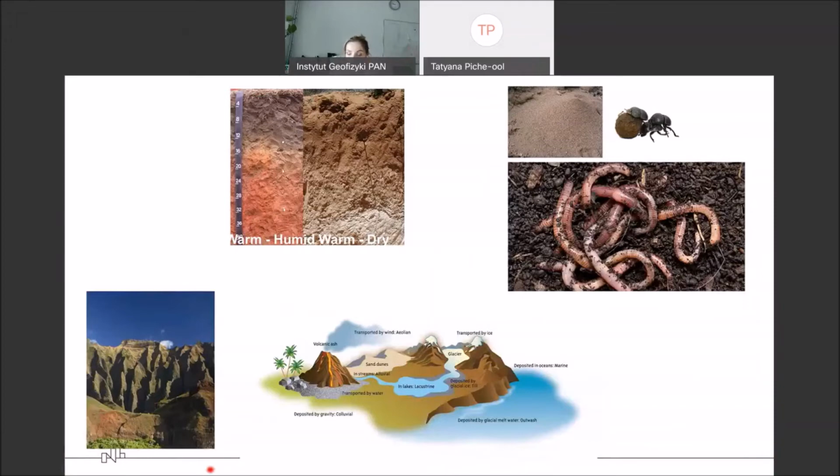Here we have an example of topography. This is a factor, which means that exposure can also affect the way that soil is formed. We have organisms like earthworms, which can speed up the processes of decomposing, for example, because they play a large role.